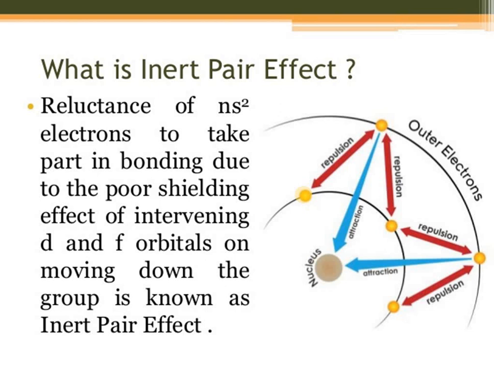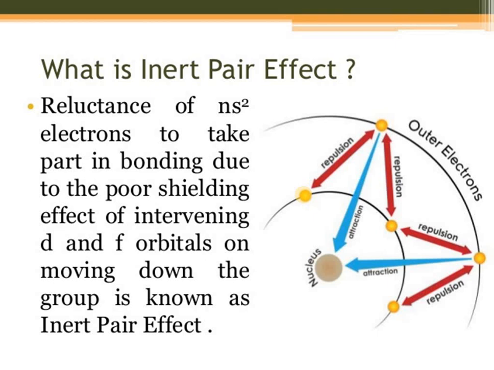It means to say that these inner d and f orbitals are having poor shielding effect. Shielding means it shields less of the outermost valence electron from the nucleus. So the force of attraction is increased due to the presence of these poorly shielded orbitals.